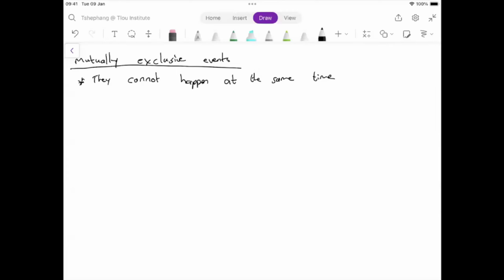Okay, using a die, we roll a die, and then let's say event A is what? Is obtaining maybe a 5.